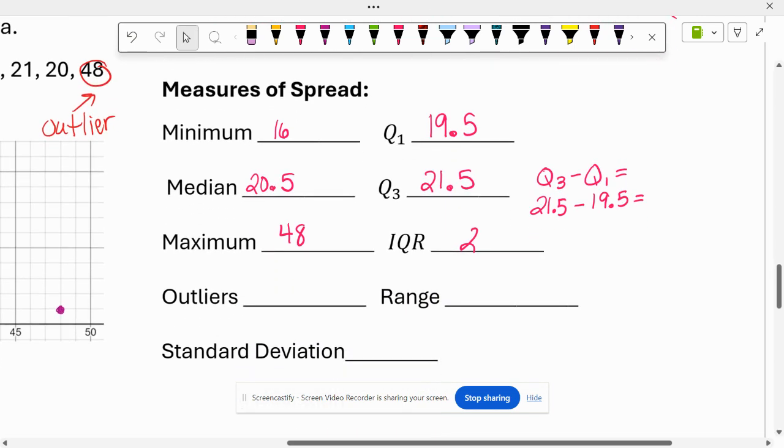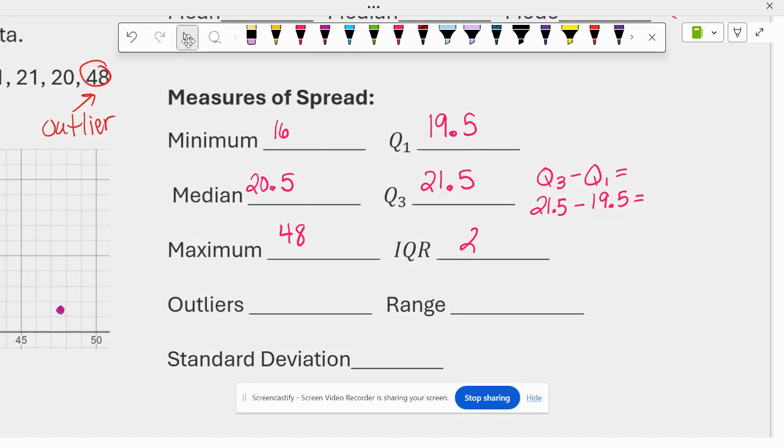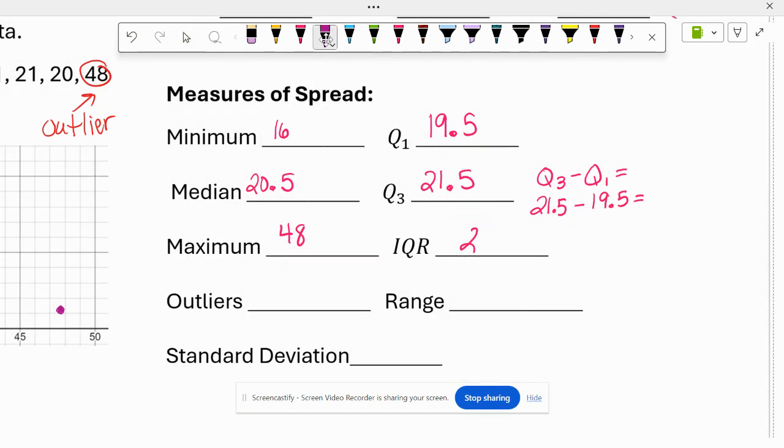What about a range? I forgot what range was. Oh, you forgot? Well, you have a journal. All right. The largest minus the smallest. I know the largest is 48.